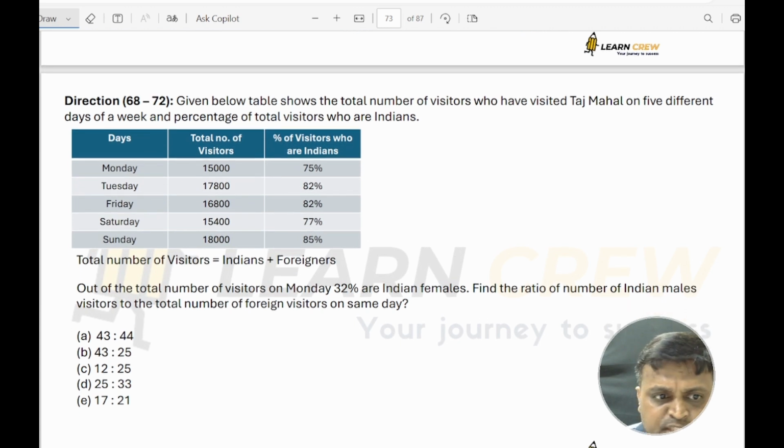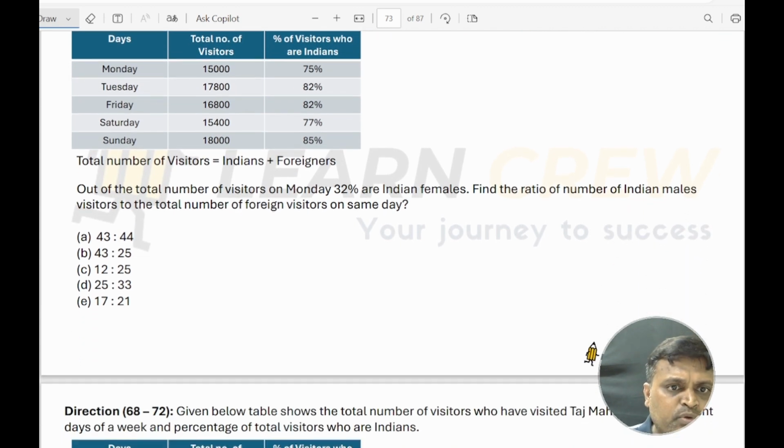Now, next one. Out of the total number of visitors on Monday, 32% are Indian females. So, Monday, 32% of 15,000 is how much? 4,800. These are Indian females.